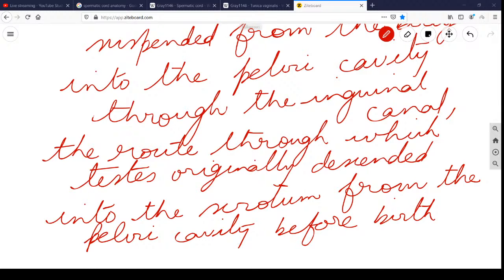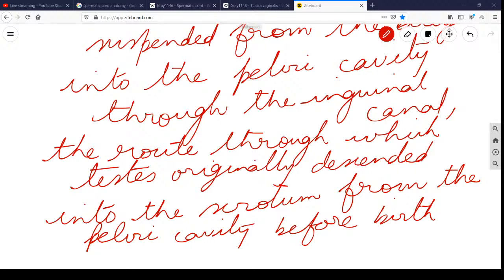Now each spermatic cord contains one of the accessory ducts, known as the vas deferens, a testicular nerve, and three coiled blood vessels known as the testicular artery, or you can say the spermatic artery, which carries blood to the testis and epididymis.